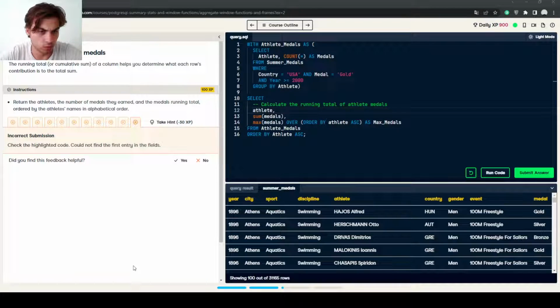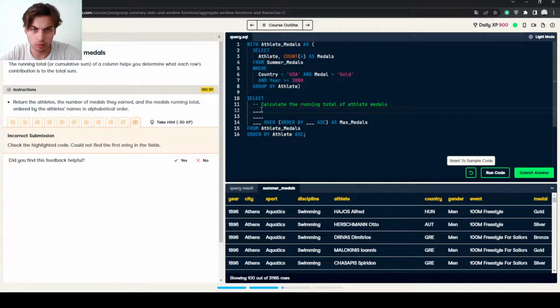Ни хера не понял. Не только сводные. Что не так? Вот, атлет. Сам medals, max medals, атлет. Так, вот. Пишем еще раз.